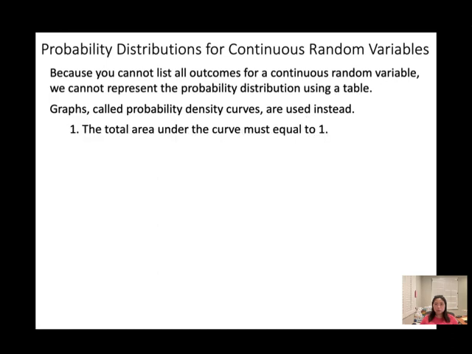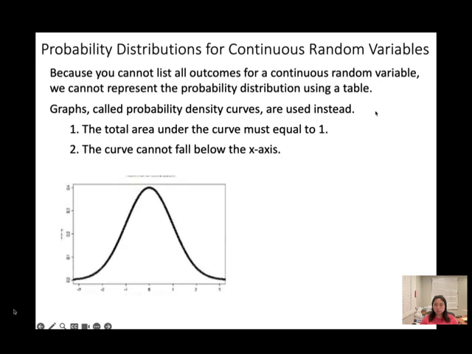And these are the requirements for the probability distribution of a continuous random variable. First, the total area under the curve must be equal to 1. And then the curve cannot fall below the x-axis. So look at these two pictures. This is the normal distribution, the bell shape, right? And this graph represents a continuous random variable.